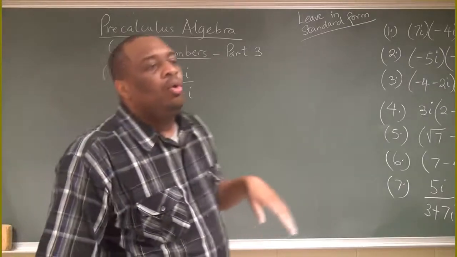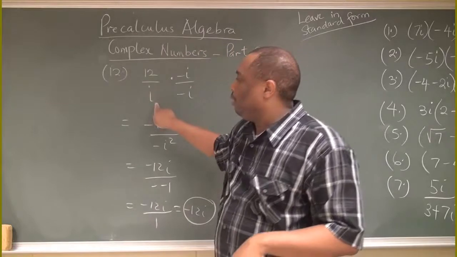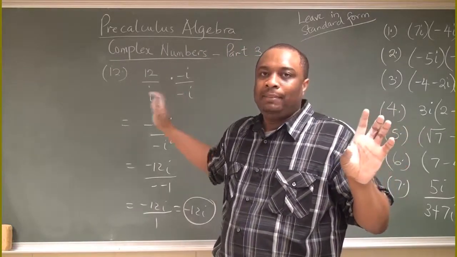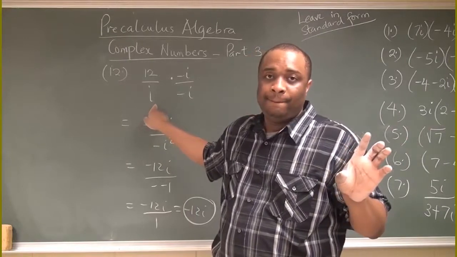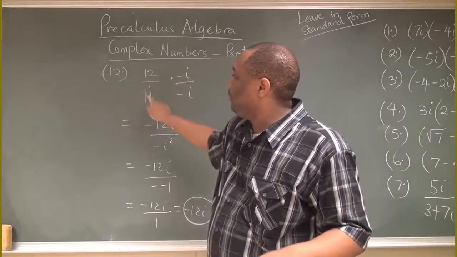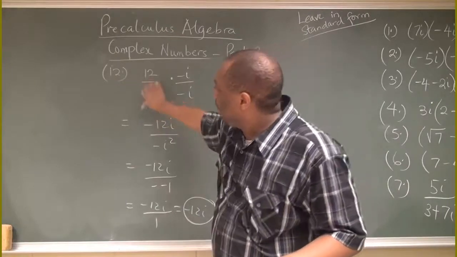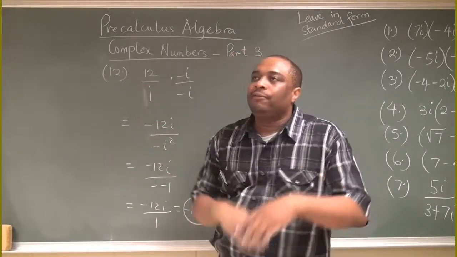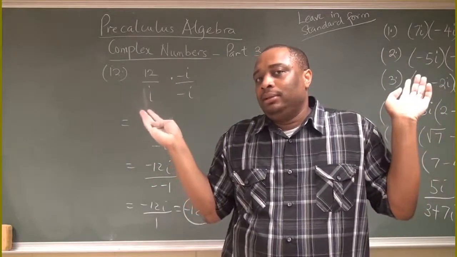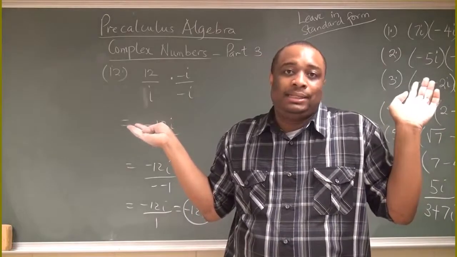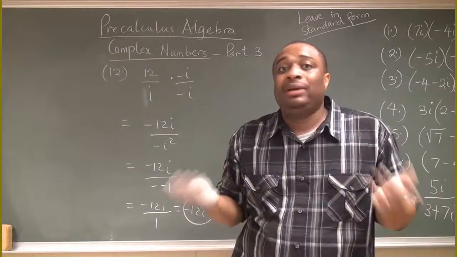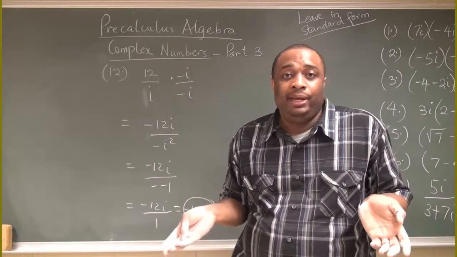Now, when you have only a pure imaginary number, in this case this is just the imaginary unit, but you can call it a pure imaginary number because this is like 1i, you can just multiply it by itself, because I times I will eventually give you a real number anyway.